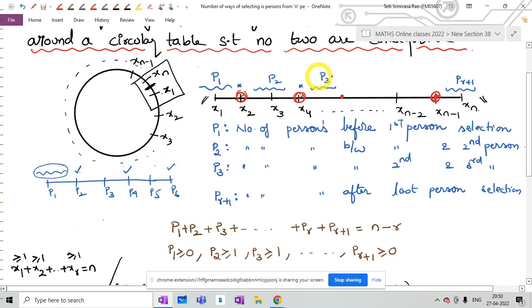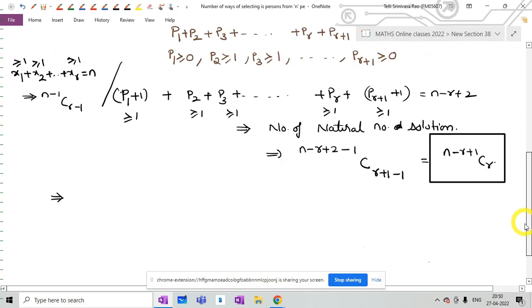So if we connect the x1 end to the xn end, in that case what will happen? Between them at least one person should be there. So from the total cases, I will remove the case in which p1 and pr plus 1 are both equal to 0.